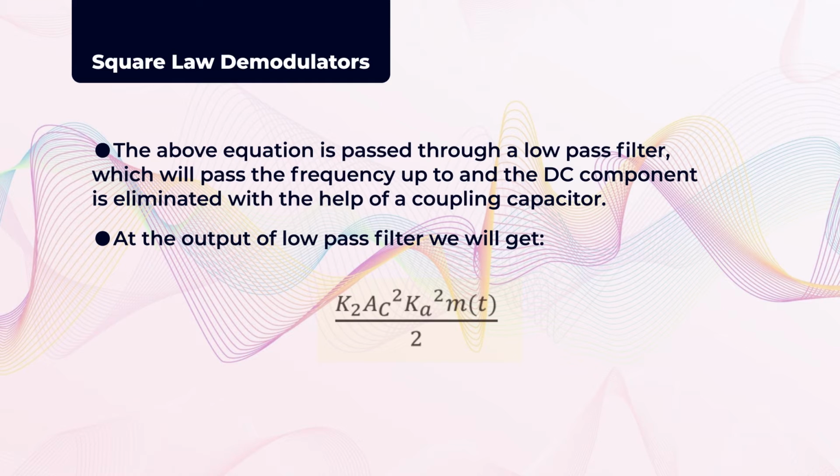From this output, we can observe that it has m(t), which is nothing but the modulating signal with frequency fm or ωm, and the constant K2 Ac square Ka square by 2.